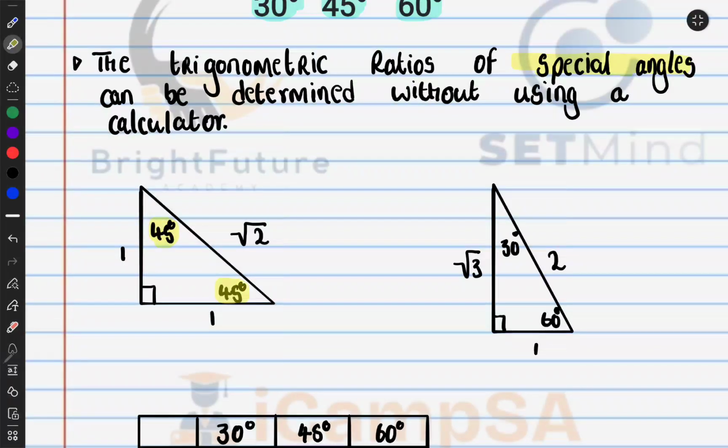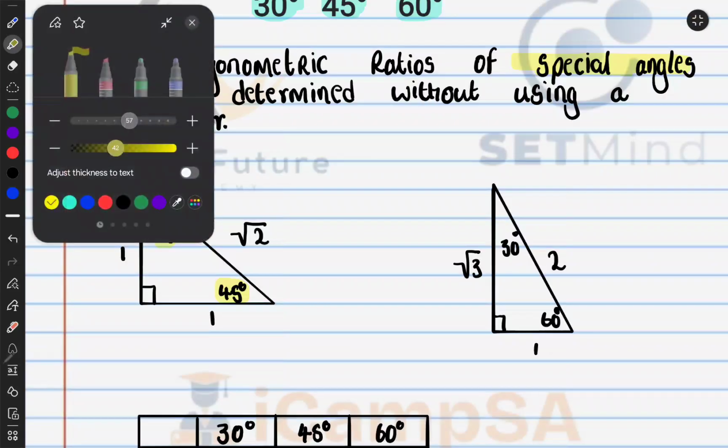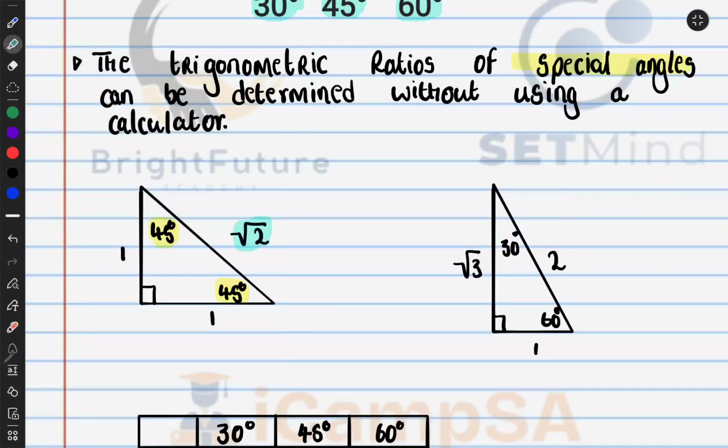The first special triangle is a right angle triangle that has the angles 45 degrees and 45 degrees, and it has the sides 1 and 1, and therefore the hypotenuse is root 2. That's the first special triangle.